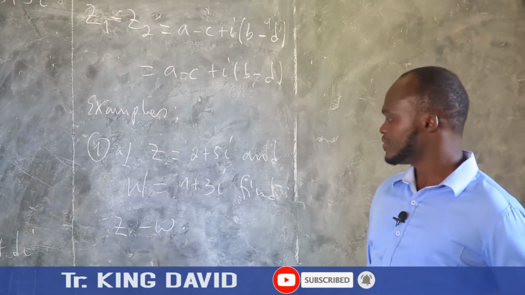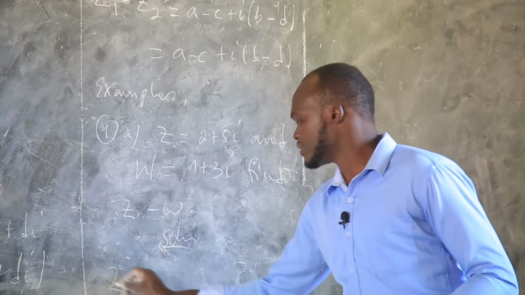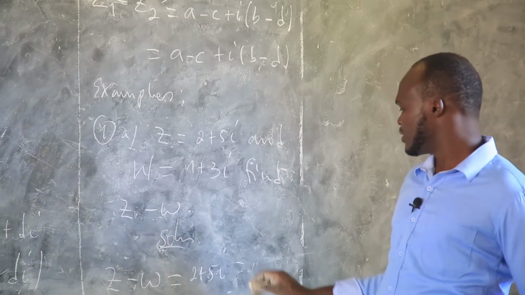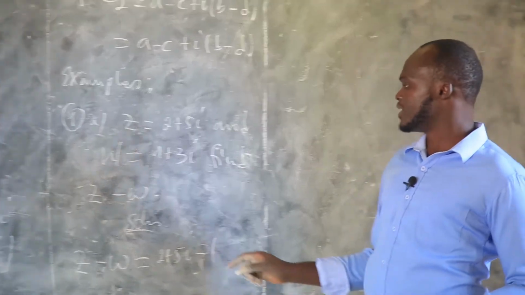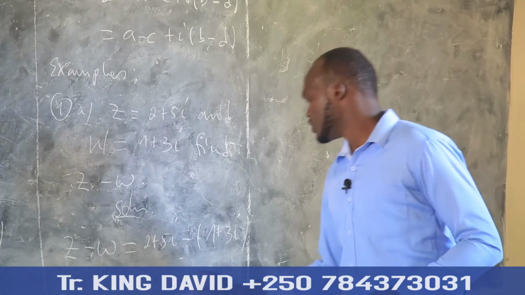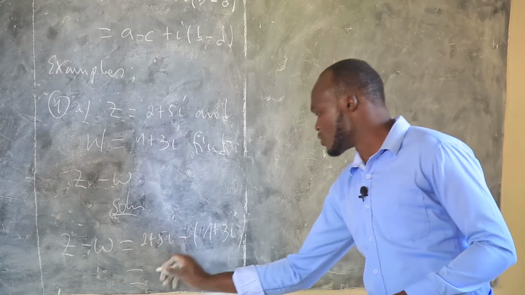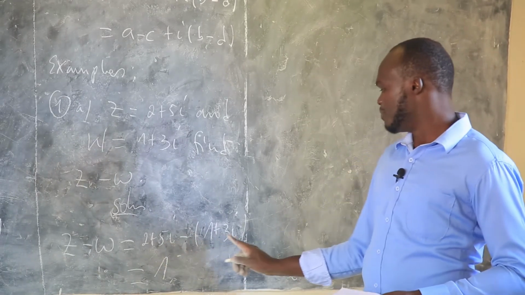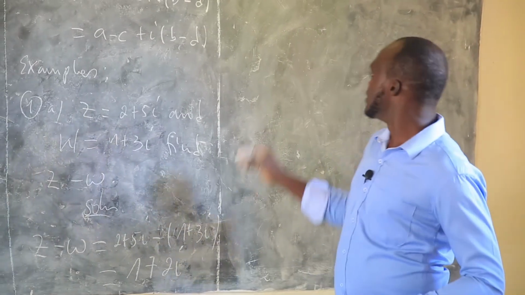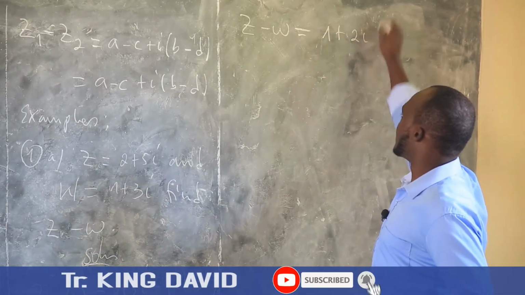How can we do this? z minus w, our z is 2 plus 5i minus our w, which is 1 plus 3i. Here, 2 minus 1 because it is the real part. 2 minus 1 is 1. 5 minus 3 is 2, so 2i. So our z minus w is 1 plus 2i.